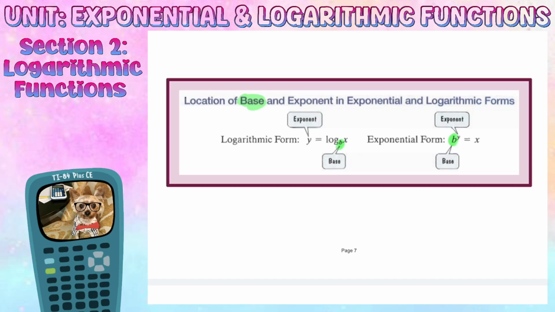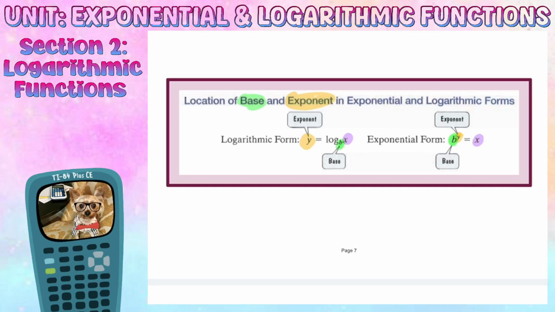So there's your base. Then the exponent, let's say, right? Where did that go? So the exponent was y over here, right? And that's over here on this form. And then the last thing that is remaining is the x over here.